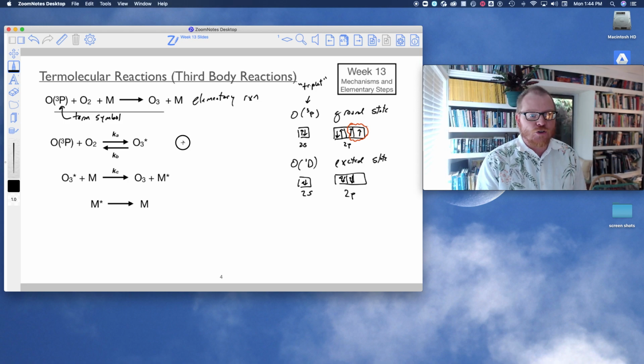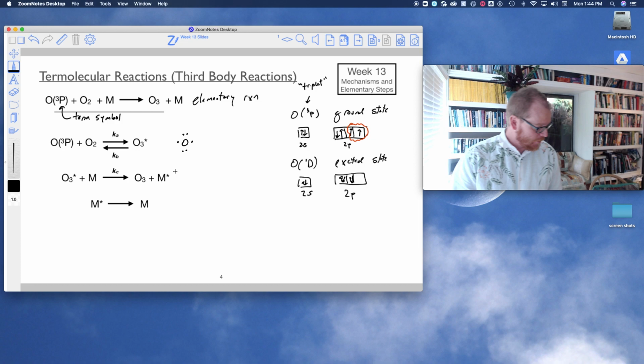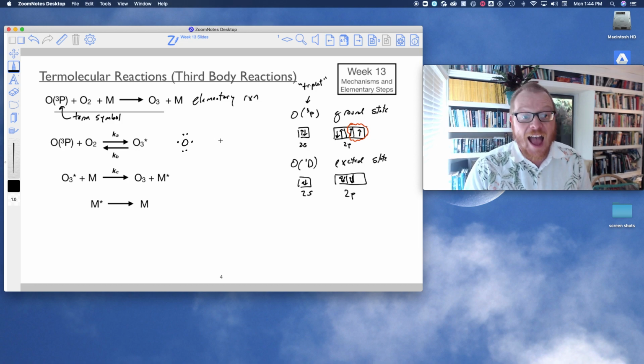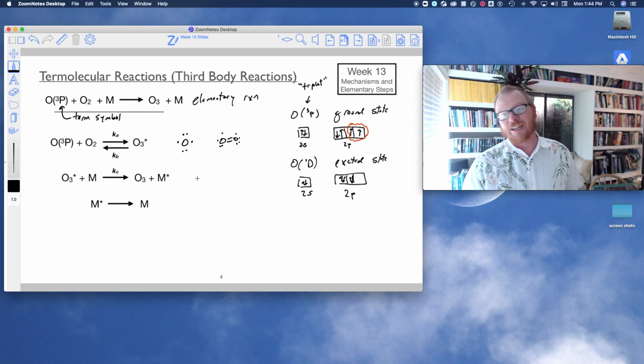So an oxygen triplet P, as we discussed, is a ground state oxygen atom, and it's a diradical. It's got two unpaired electrons. As it turns out, and we'll see examples of this when we get into 362, the O2 molecule itself is also a diradical. That's why it's paramagnetic.